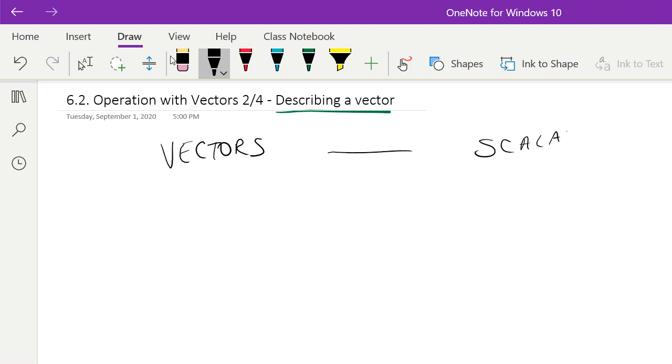Scalars are quantities that don't need a direction to describe them. So if you're saying that you were running at 15 meters per second, it doesn't need to say in which direction you were running, northeast, southwest, or 20 degrees.